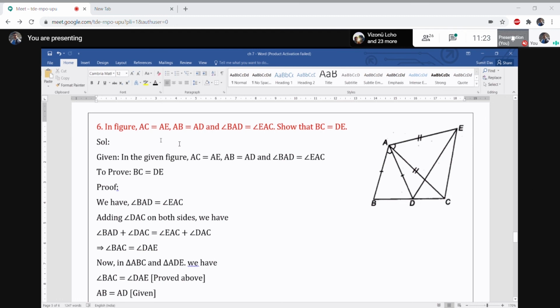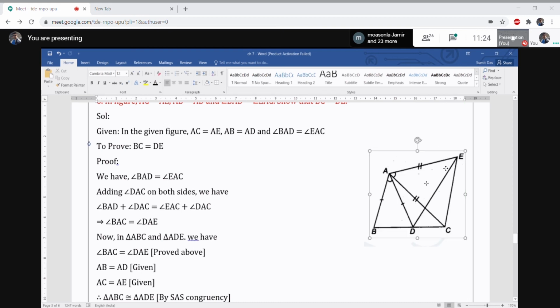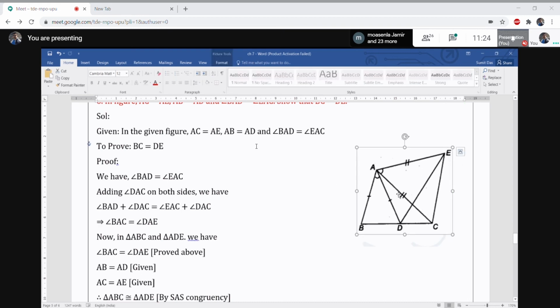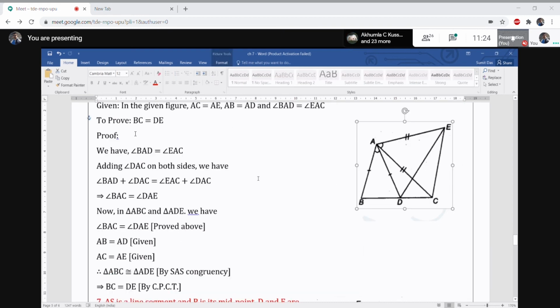Now, it is given angle BAD equal to angle EAC. You can see the marked angles, right? DAC is the common angle. If we add DAC to both sides, what will we get? I'm saying BAD and EAC are equal. Now I'm adding DAC to both sides. So BAD plus DAC on the left, and EAC plus DAC on the right.